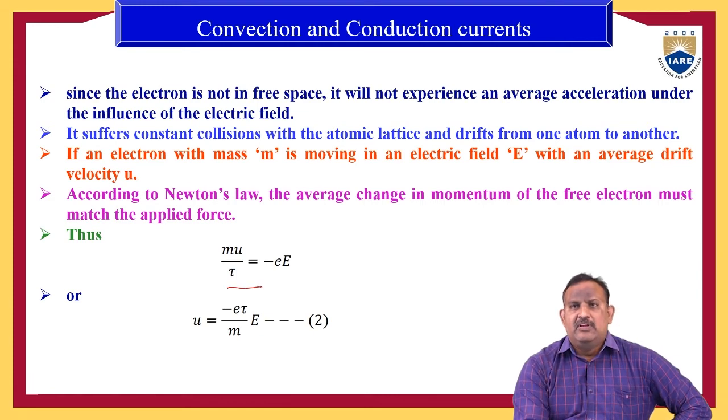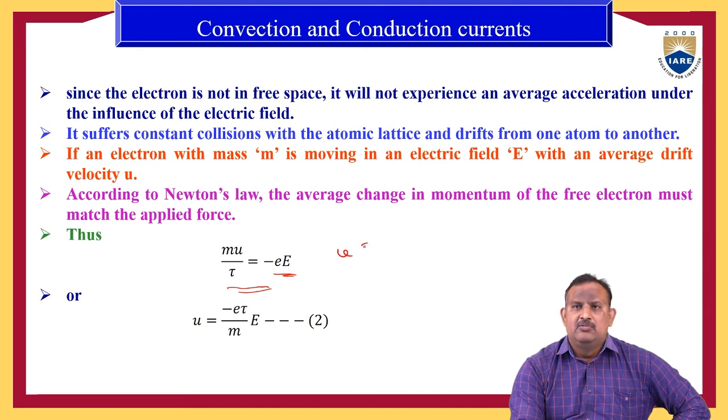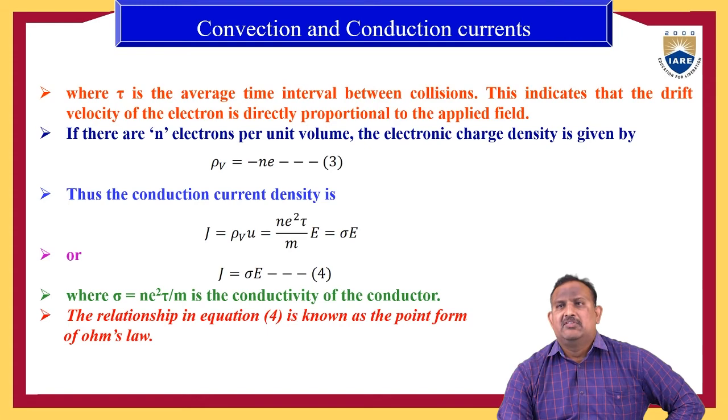Therefore, the average momentum of the free electron, that is m u by tau, where m is the mass of the electron, u is the velocity of the electron, and tau is the average lifetime of an electron between collisions, must equal the force on the electron, which is minus e into E. Cross multiplying, we can express the velocity u as minus e tau by m into the electric field intensity E, where tau is the average time interval between collisions.